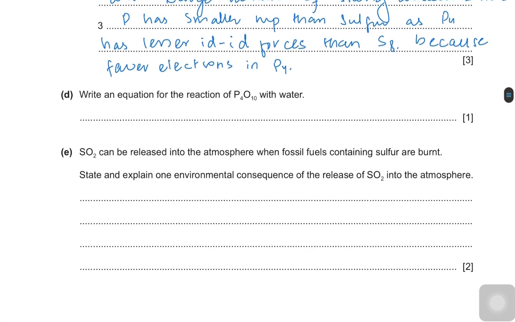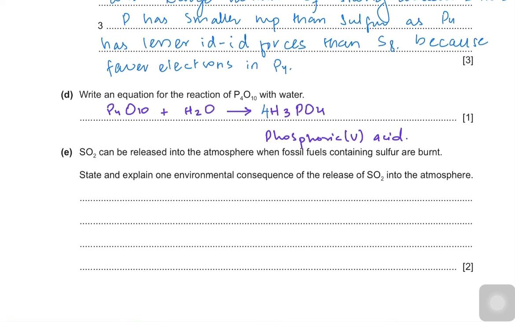Moving on, write an equation for the reaction of P4O10 with water. So we can see that P4O10, which is phosphorus 5 oxide, reacts with water to produce phosphoric 5 acid. It has the formula H3PO4. It's called phosphoric 5 acid because the oxidation number of phosphorus here is 5. Let's balance it. There are 4 phosphorus atoms on the left, so I'm putting 4 on the right.